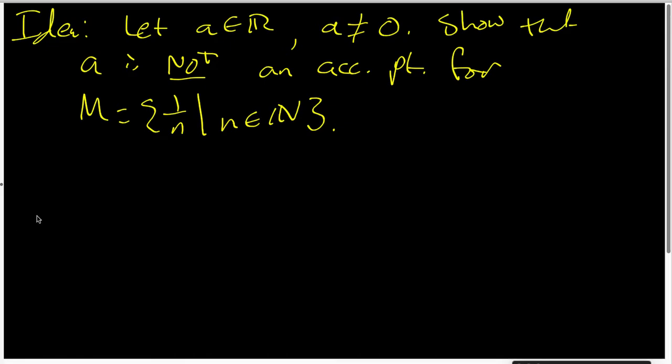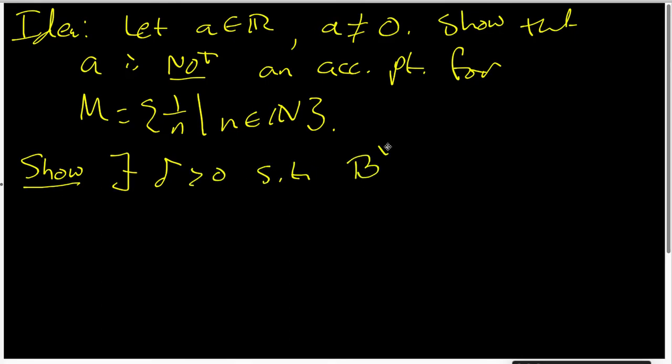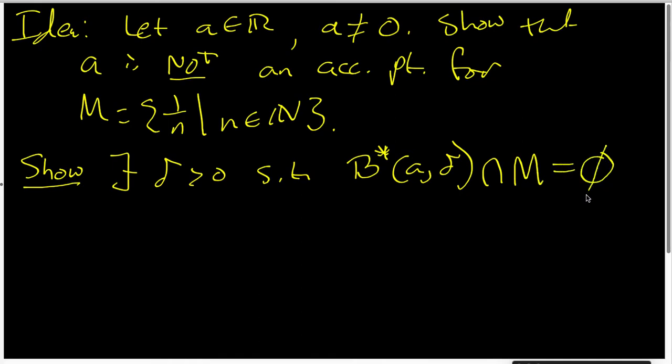Now, I need to think about what not an accumulation point means, and we've talked about that in class earlier. I need to show that there exists a delta bigger than 0 such that the punctured delta ball centered at A of radius delta intersected with the set M is the empty set.